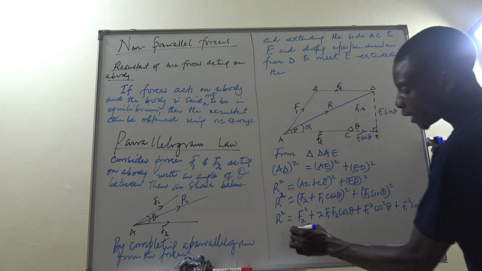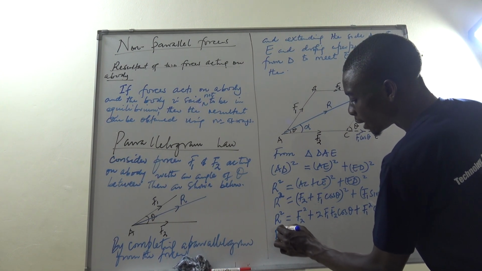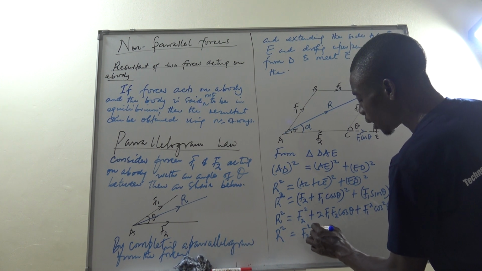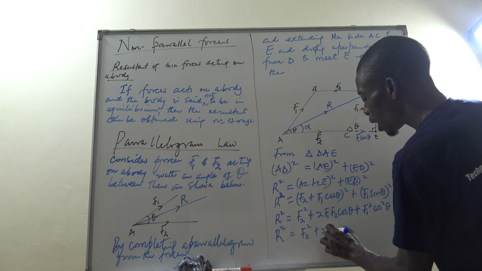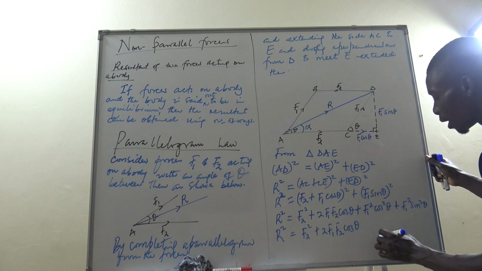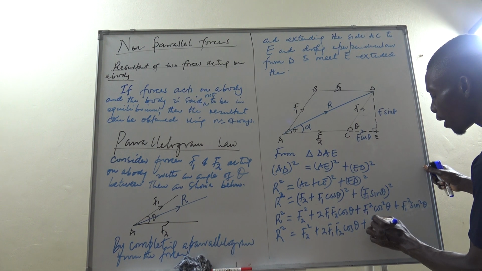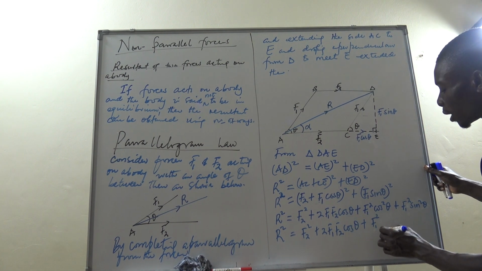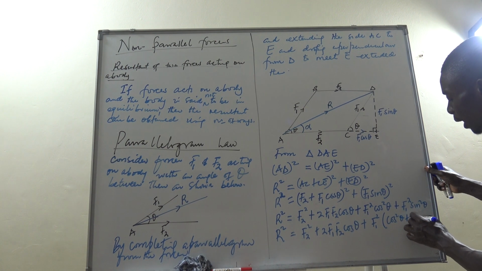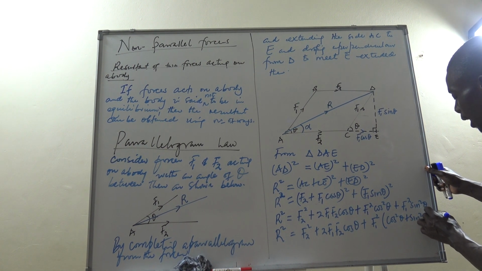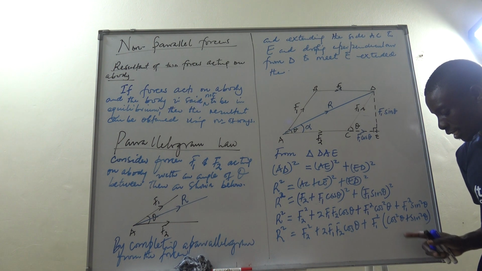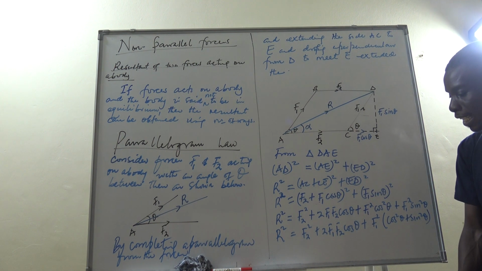Okay? And then I can say R squared equals F2 squared plus 2F1F2 cos theta plus, here I can take F1 squared outside, I'll remain with cos squared theta plus sine squared theta. Guess what?